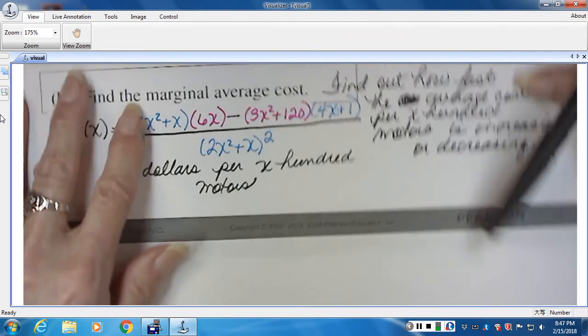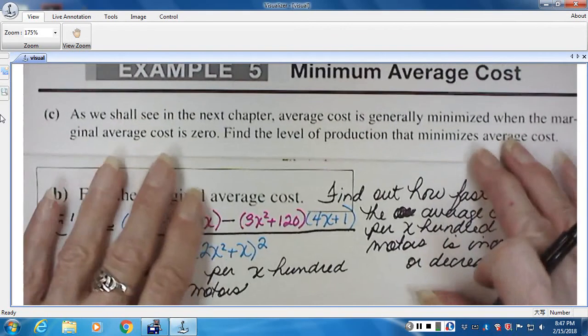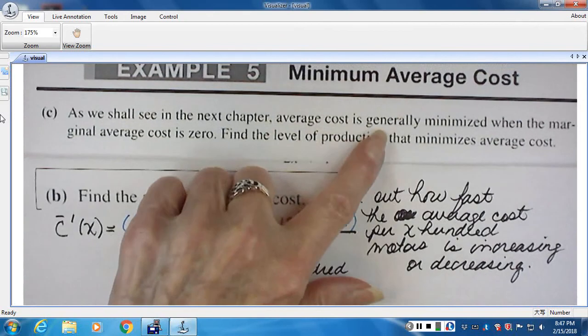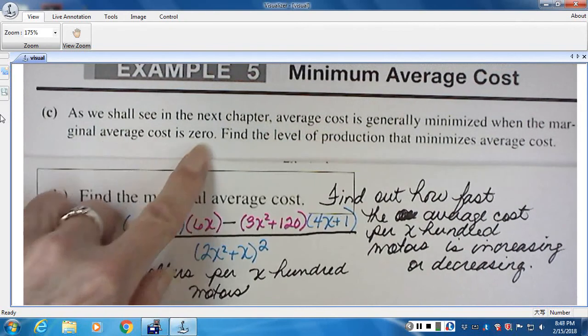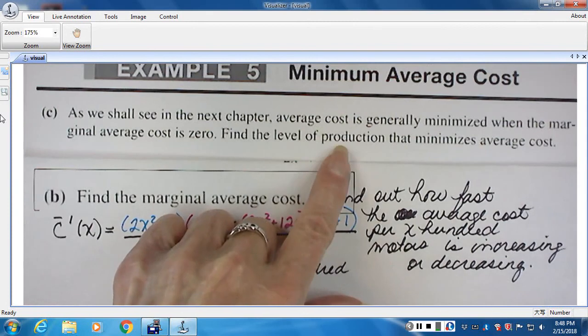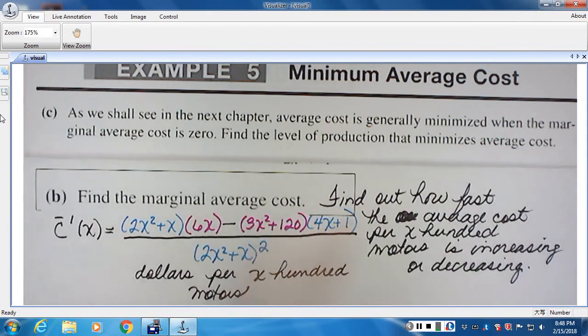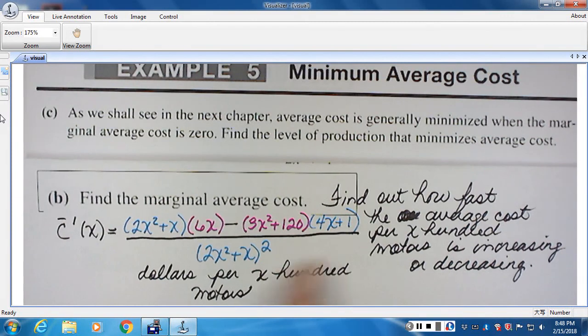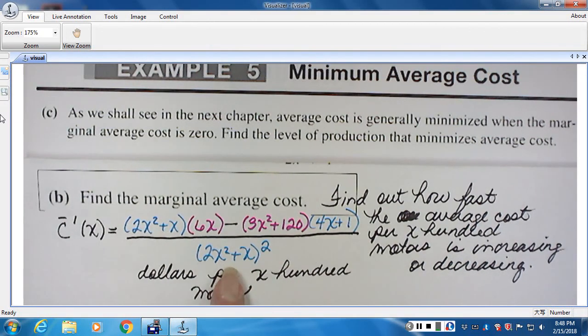So what we're going to see in the next chapter is that the average cost is generally minimized when the marginal average cost is 0. We want to find the level of production that minimizes the average cost. In other words, we want to set this rate of change to 0. What value of x causes the value of this whole thing to be 0?